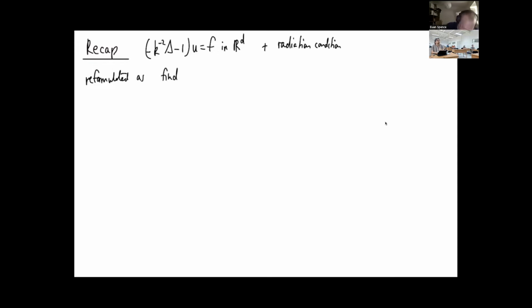So we did exactly what we normally do to find the variational formulation of say a second order linear elliptic PDE. We multiply by a test function and integrate by parts. So we're in the energy space H1, but the only difference between this and finding variational formulations of second order linear elliptic PDEs that you will have seen before is that now we're on this ball of radius r, some arbitrary r that's big enough to contain the support of f.